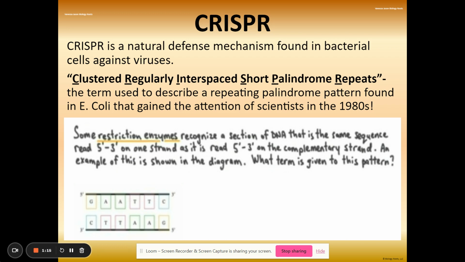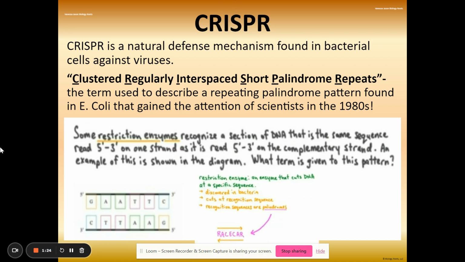So we have the same sequence on both sides. So a restriction enzyme will know to cut at this sequence. So it's kind of like the DNA sequence, like you could see race car is spelled the same forwards and backwards.